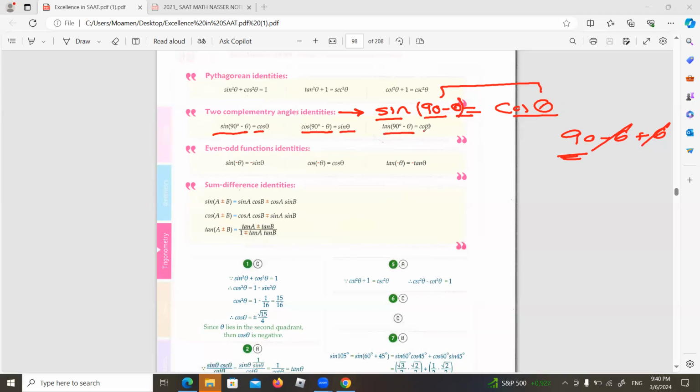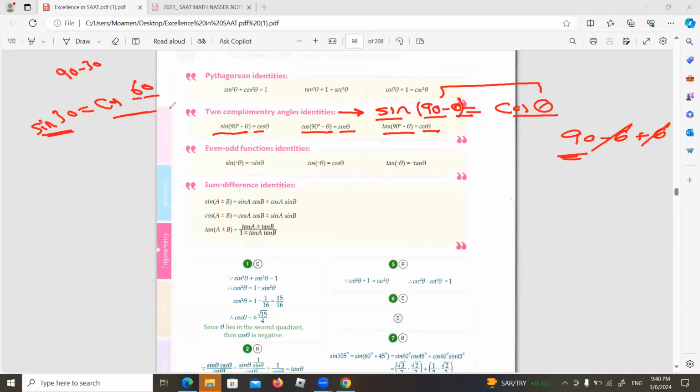Tan of 90 minus theta equals cotan theta. This is called the complementary angle identity. So for example, sine 30 equals cosine of 90 minus 30, which is 60. Sine 30 equals cosine 60.